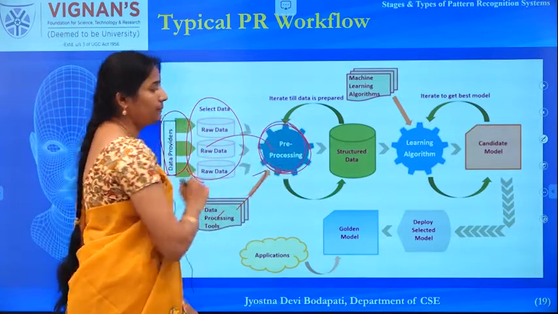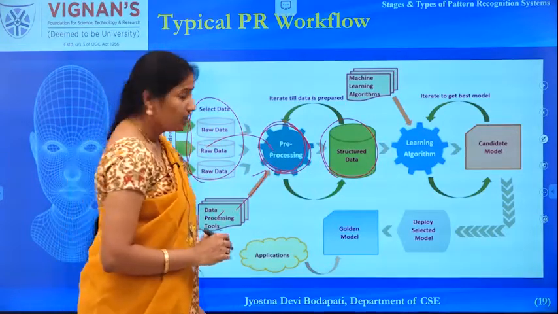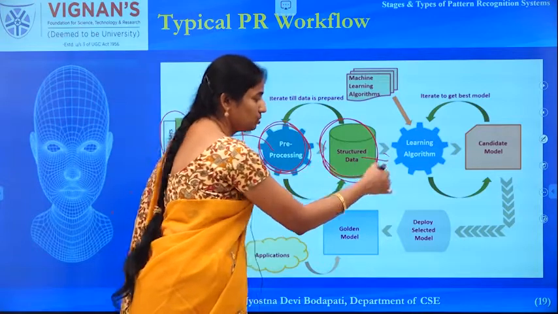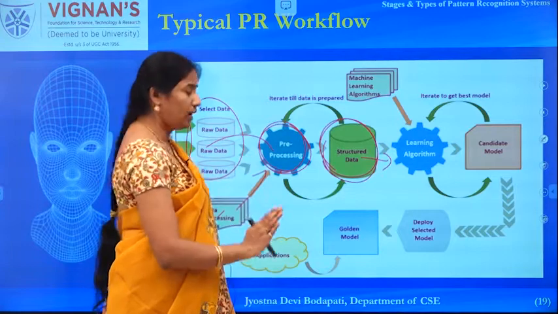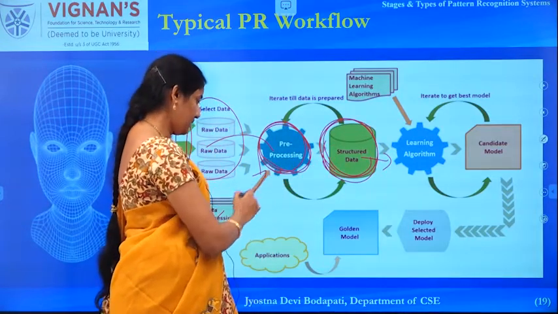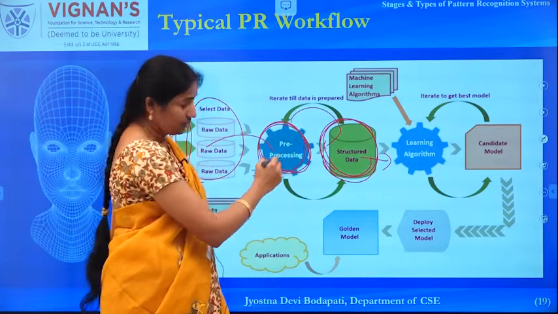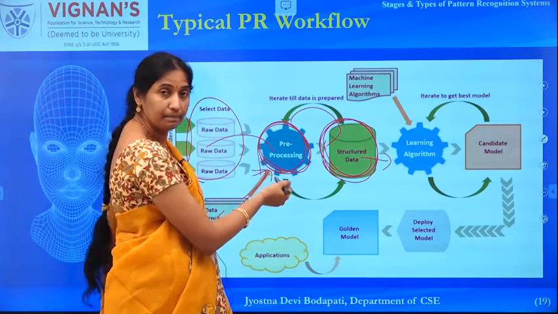Once your pre-processing is done, what you get is called structured data. Once you are happy with this structured data, you can proceed to the next step. If you are not happy with the data produced by the pre-processing algorithm you applied, you can go back, choose some other algorithm and apply it.